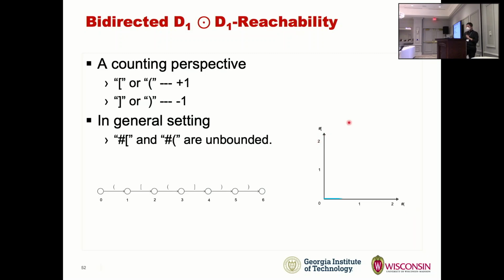First, we have this open parenthesis, then we move from 0,0 to 1,0, and then we have an open bracket, then we move from 0,1 to 1,1. Basically we can keep continuing this process. If eventually the path goes back to the original point and does not enter negative areas, we can conclude that this is a valid inter-Dyck path.